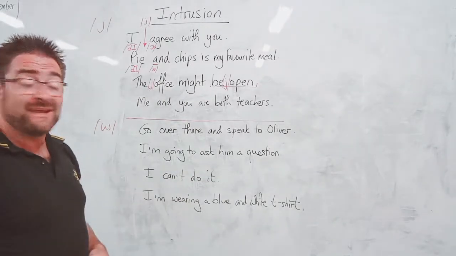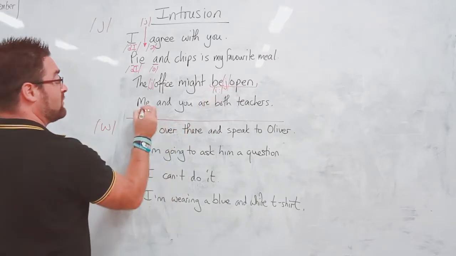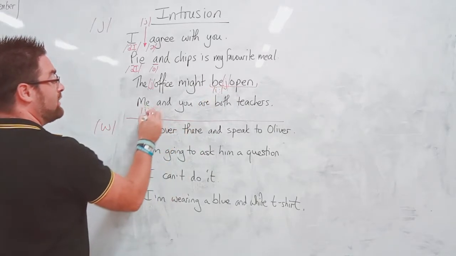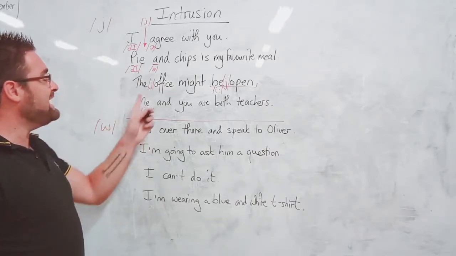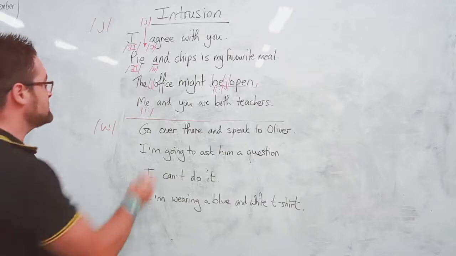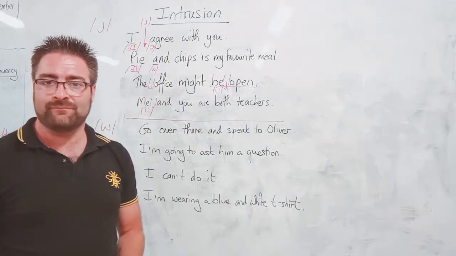One more example, again with the sound E. We saw it here with be, now we've got it here with me. So me and you becomes me-y-and you.